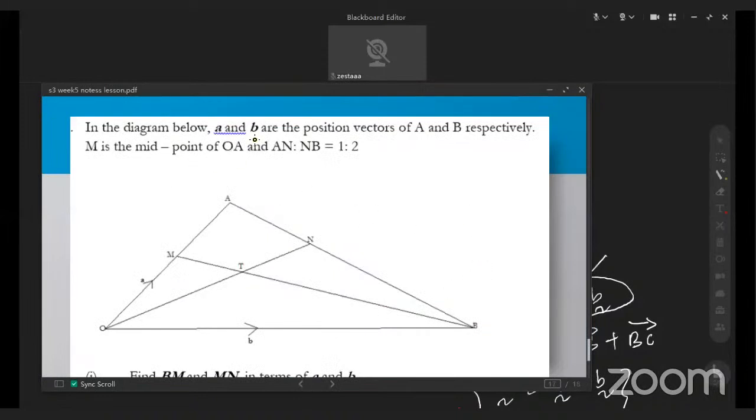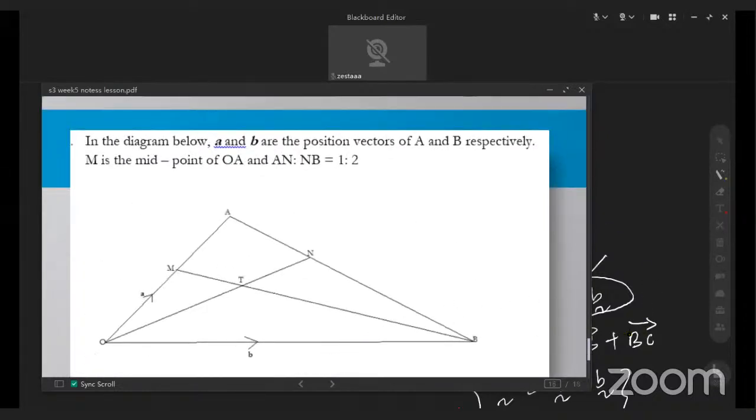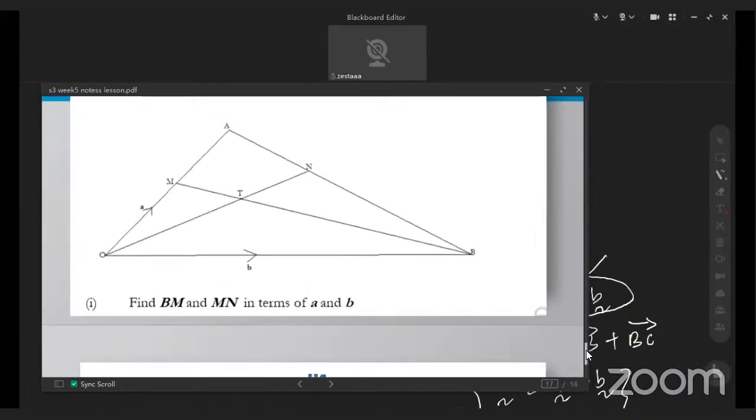So we've been given this and we have been told to find what? We've been told to find BM, and also MN, meaning you're going to draw a line here to join so that you get MN through this.